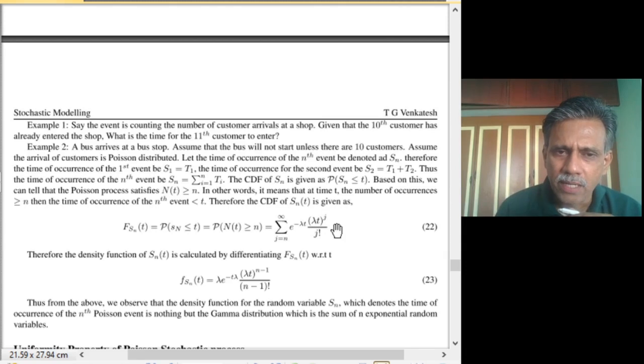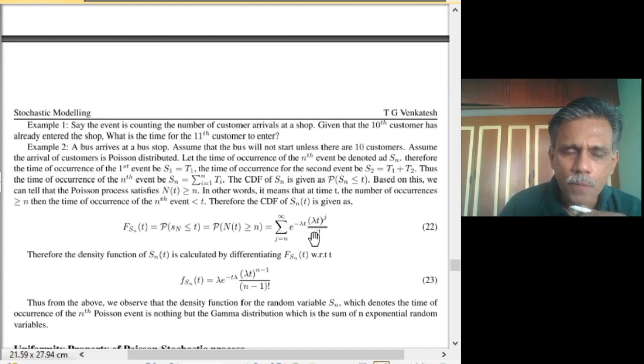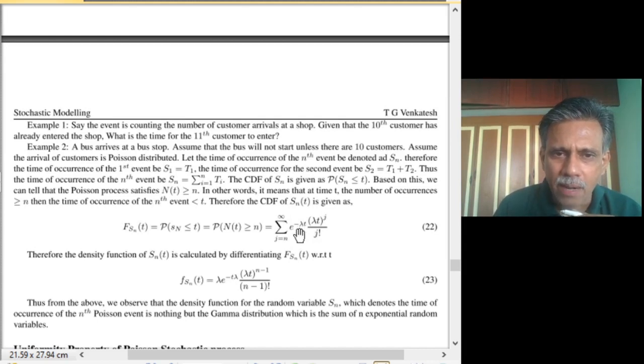But in both terms, lambda times e to the power of minus lambda t is there, so you can take this common factor out. Then these two factors remain, with a minus sign, so you have to subtract one from the other. One summation varies from n to infinity, the other goes from n minus 1 to infinity.